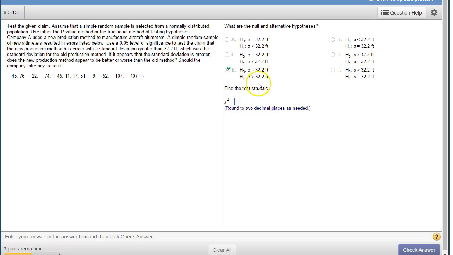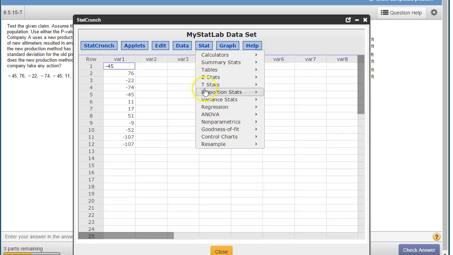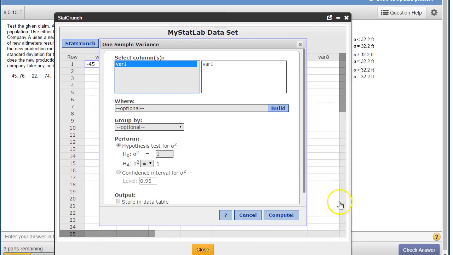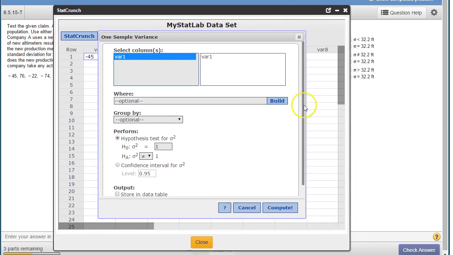Once we have that set up, with StatCrunch, remember with standard deviations, our option is to use the variance stats, one sample, with data. So we click that, and hypothesis test. You have to remember that there are several other videos where I've talked about this.